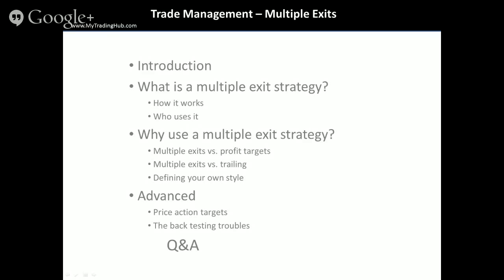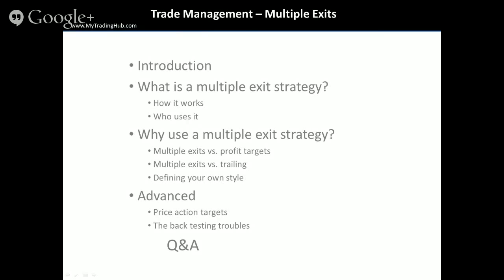So a multiple exit strategy is a trade management strategy. What does it mean? It's pretty self-explanatory. Having a multiple exit strategy means that as soon as you have a trade on, you have certain targets at which you will exit part of your size, so part of your trade.